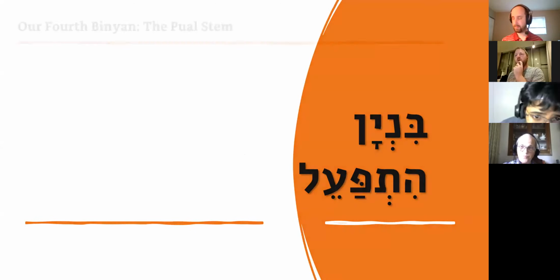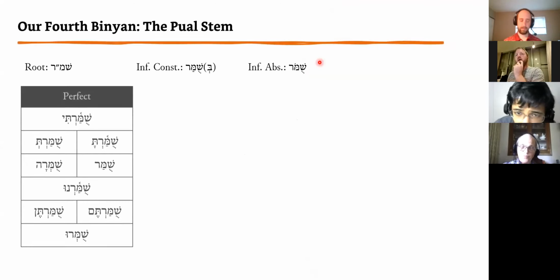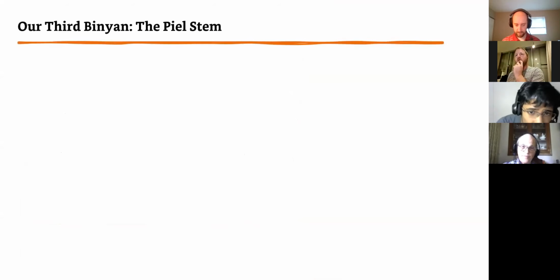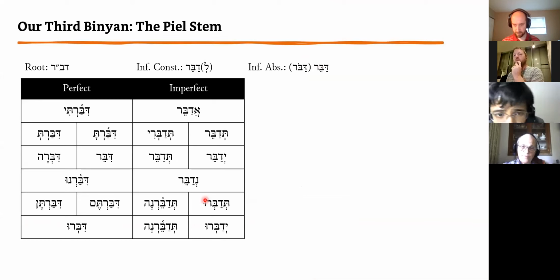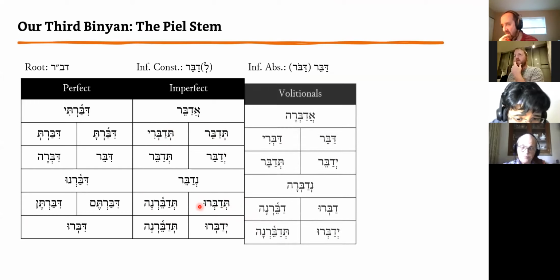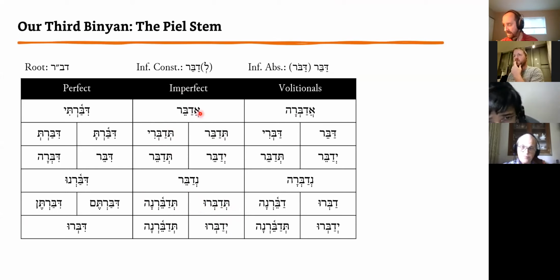I want to take a look at that real quick, because let's talk about how you get the imperative. Okay, let's look. In the imperfect, we have tedabru and tedaber, right? Tedabri, tedabernah. To get the imperative mood, basically you take the imperfect and you take the taf off of it.